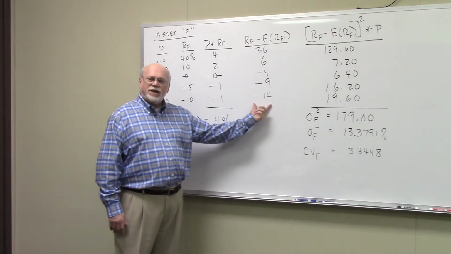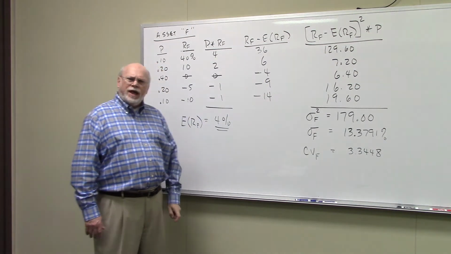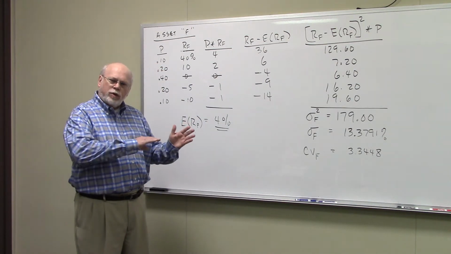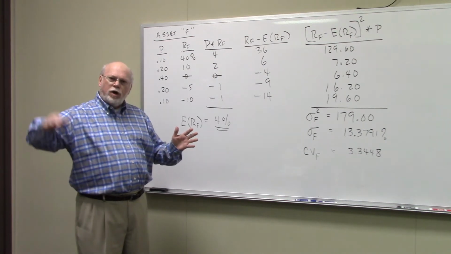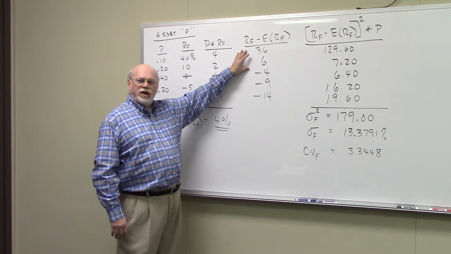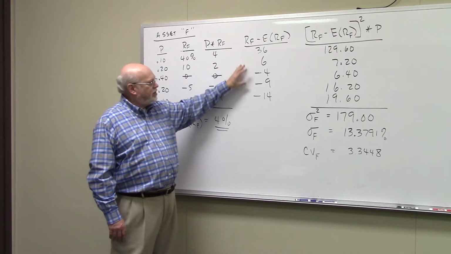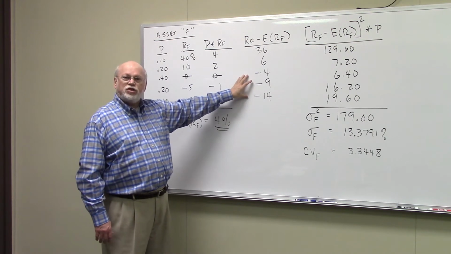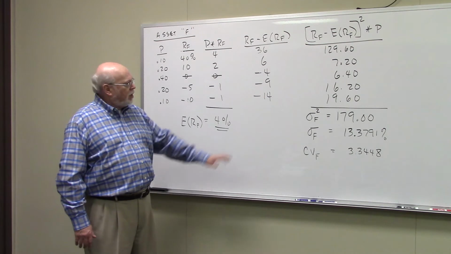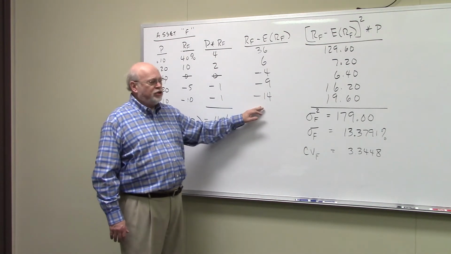So what you see in this column, this is indeed the deviations from the mean. And again, recall in an earlier lecture now, we showed how returns move above and below the mean line. These two observations are above the mean line. Those are positive deviations. These observations are below the mean line. Those are negative deviations. And again, these are the deviations of the distribution.